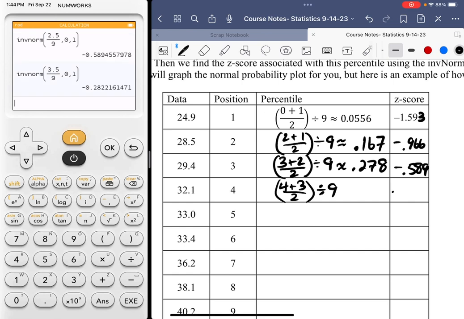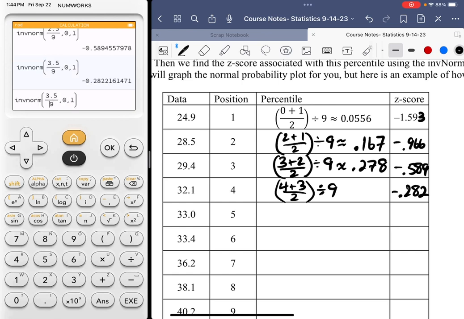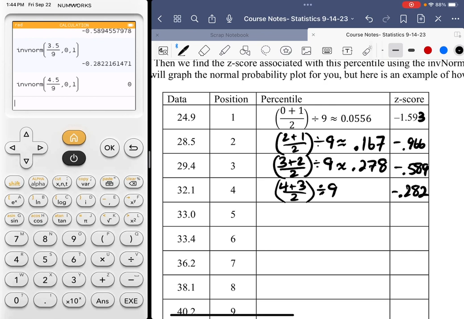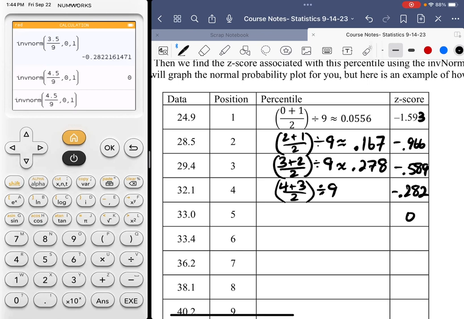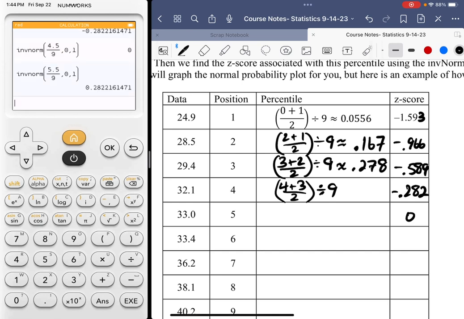Negative 0.282. Do it again with a 4, 4.5, gives an even 0. Do it again. Up and over, change the 4 to a 5, so 5.5, 0.283.